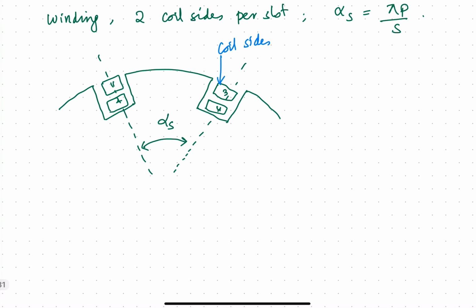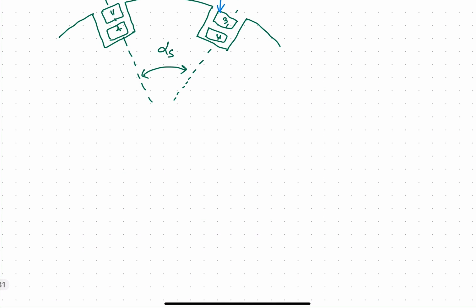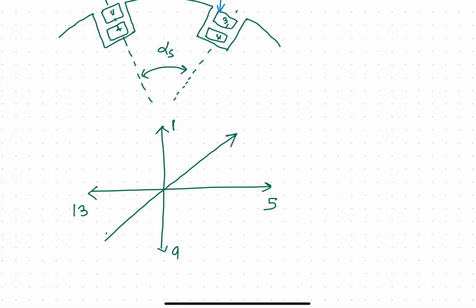This is 1, this is 9, this is 5, this is 13, this is 3, and this is the angle alpha s, and of course this is side 7 and 15.